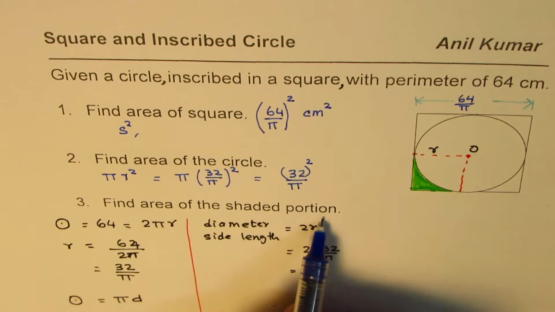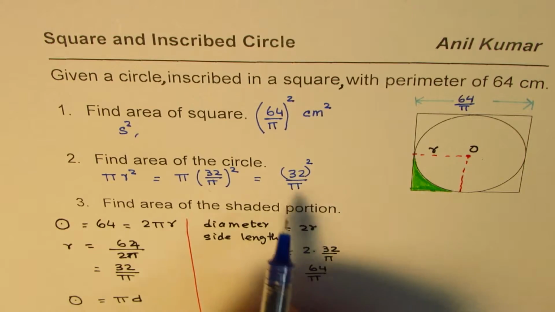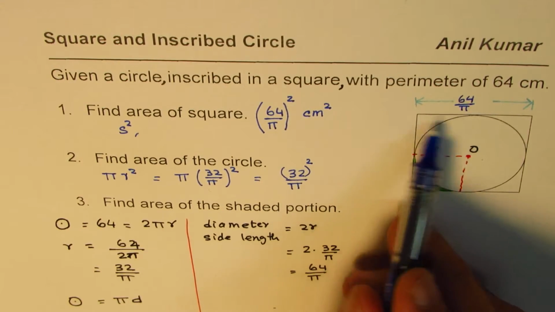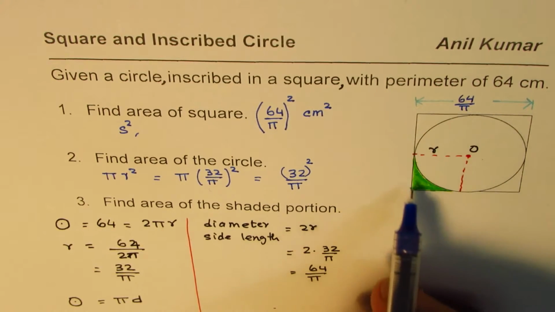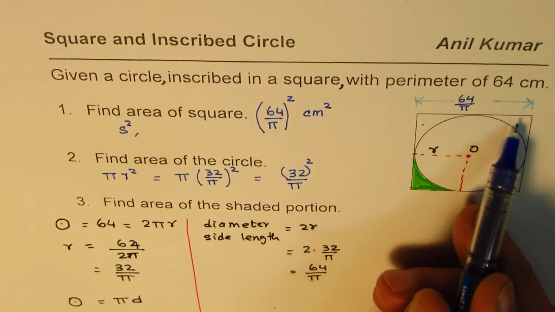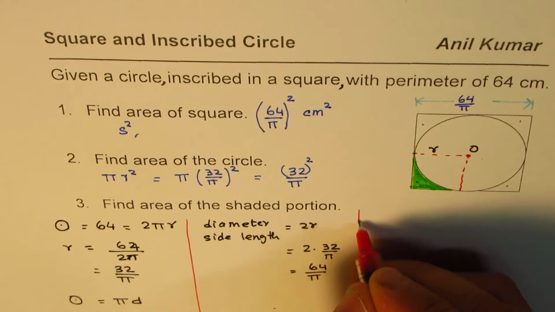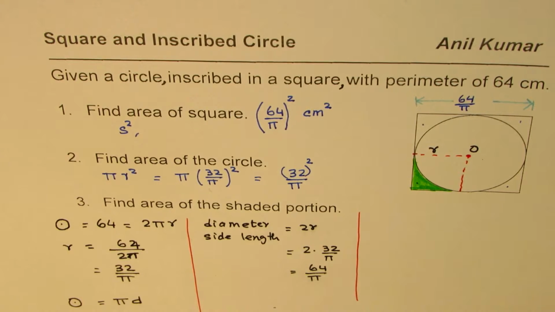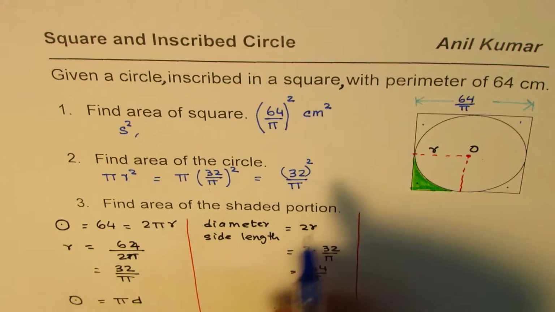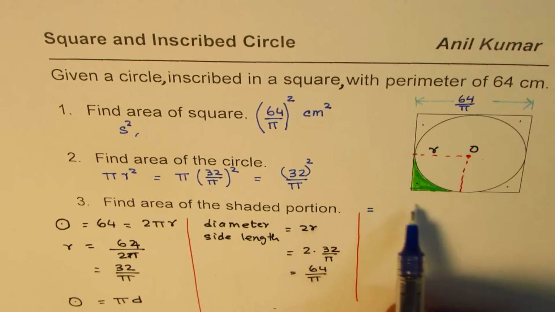Find the area of the shaded portion. To find the area of the shaded portion, we have to find the difference. We take the big area, and take away the smaller area of the inscribed circle. Once you do that, you get the area of these 4 units. We are taking 1/4 of that, correct? I hope you've understood the concept. So the area of the shaded portion is equal to the difference in the two areas.